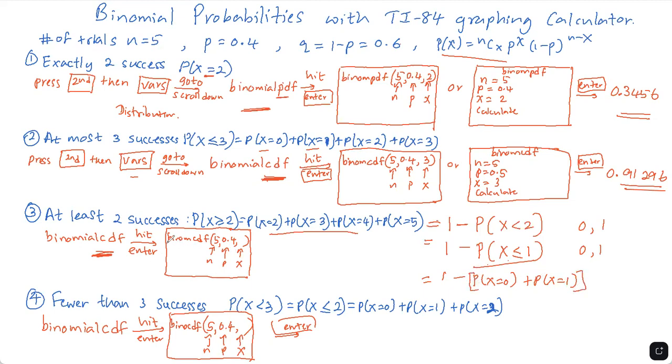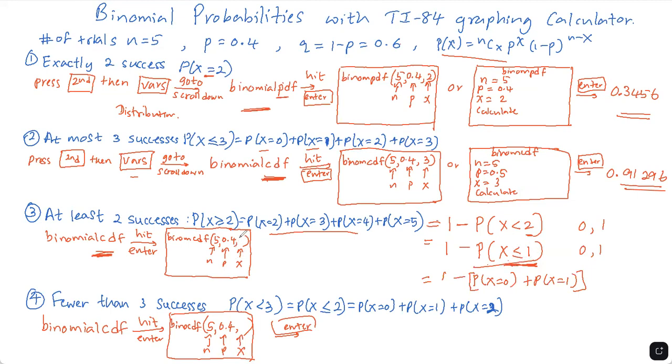So here, binomial CDF you will see on the screen, and n is 5, success probability is 0.4. And for x, as you can see, we cannot enter 2. That's why I write down this set. If you enter 2 in this case, then you will get a wrong answer because this set does not include 2. That's why I wrote x less than or equal to 1.